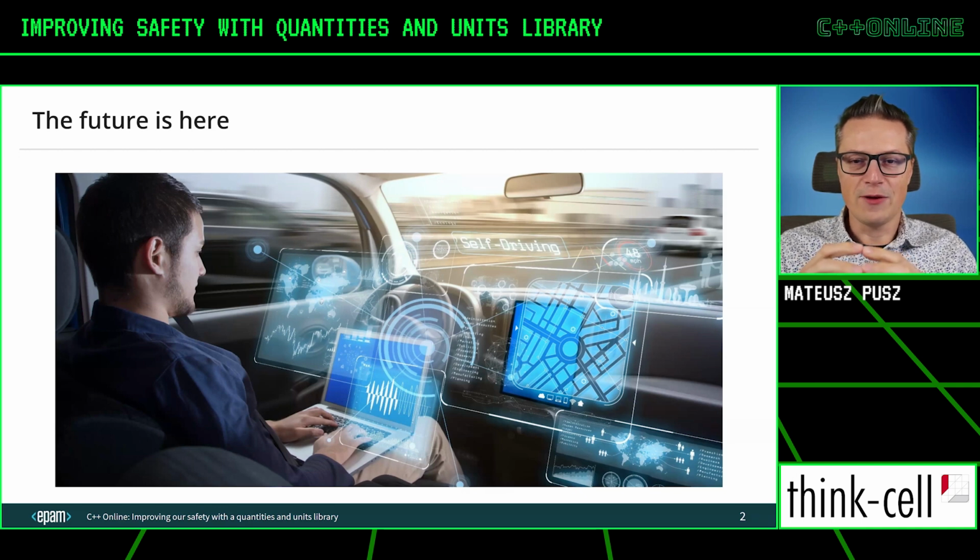If we make a mistake as developers, it's not only something like a blue screen or a restart of your cell phone or application that will happen. Some fatal consequences can follow from the mistakes that we make as developers.